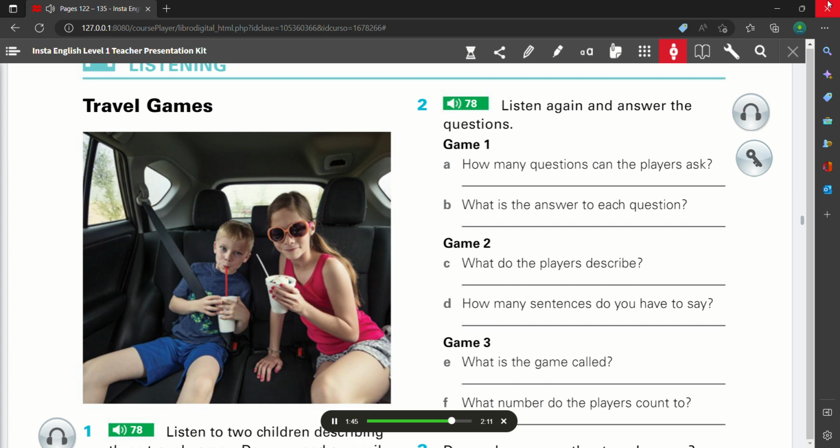So, if the number is a multiple of both 3 and 5, you say fizz buzz. For example, you don't say the numbers 3 or 6, you say fizz. And you don't say 5 or 10, you say buzz. But for the number 15, you say fizz buzz. If you pause for a moment or if you make a mistake, you are out.